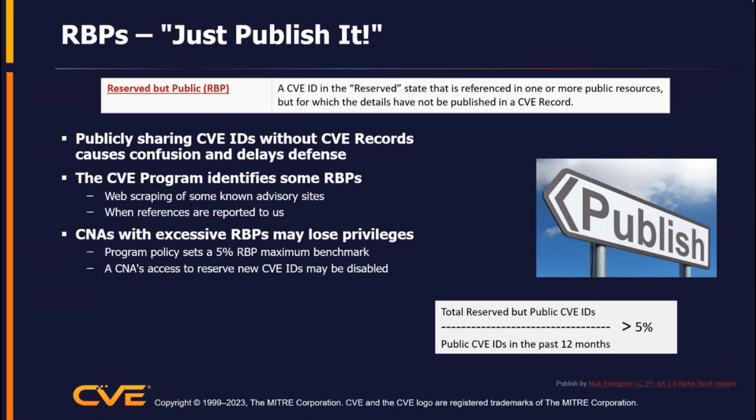Then MITRE has a series of scrapers, and people eyeball these things and report it to the Secretariat, and it becomes known that you have published a CVE but haven't instantiated the corpus. That then becomes an RBP.